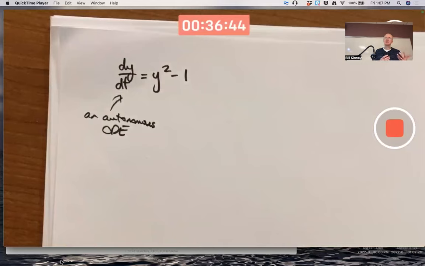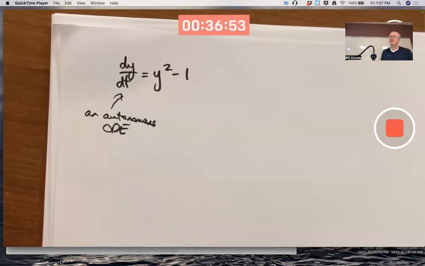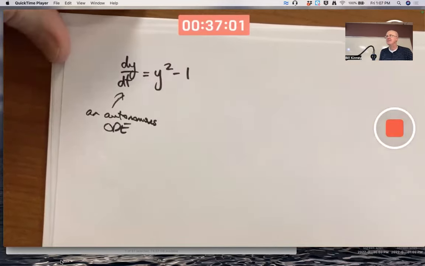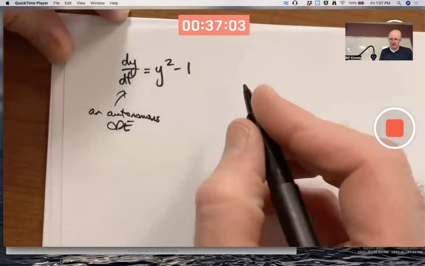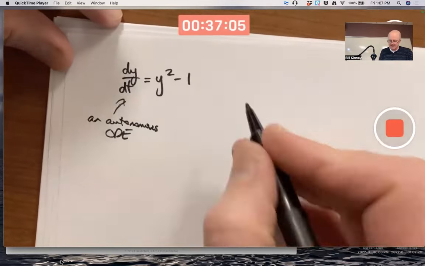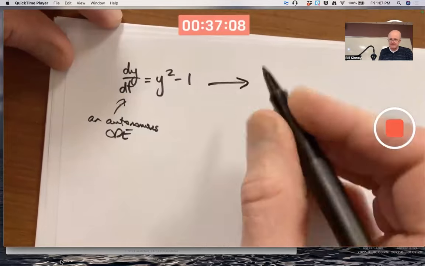That has more significance for even more complicated kinds of differential equations that are in higher dimensions. It still can be solved. And we're about to solve it, though I will tell you it's not easy. The technique is called separation of variables.